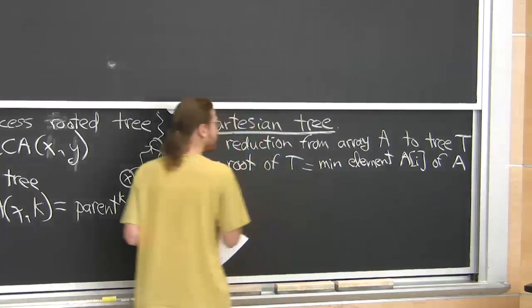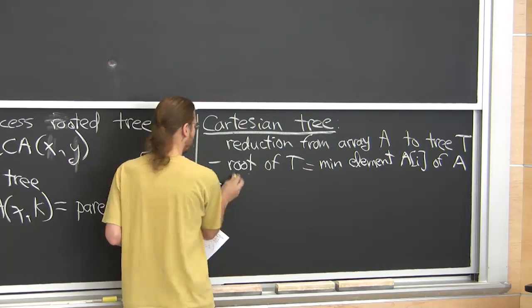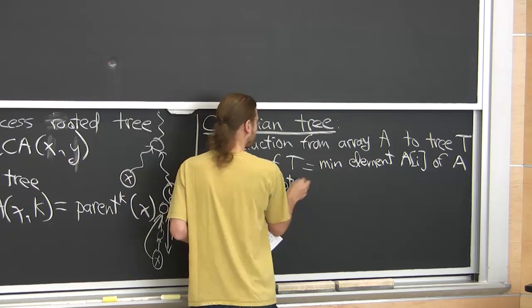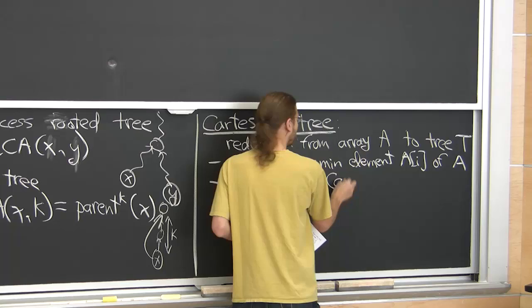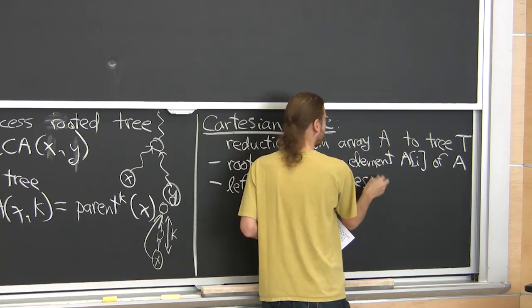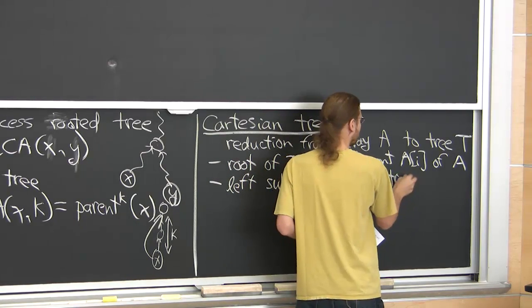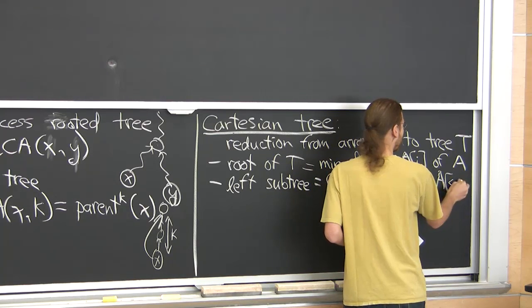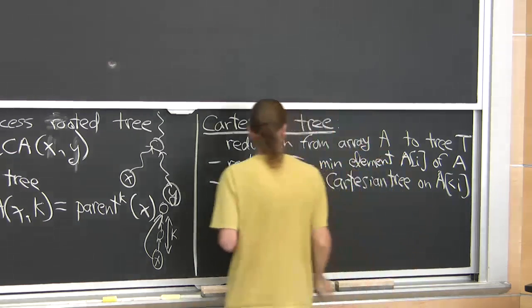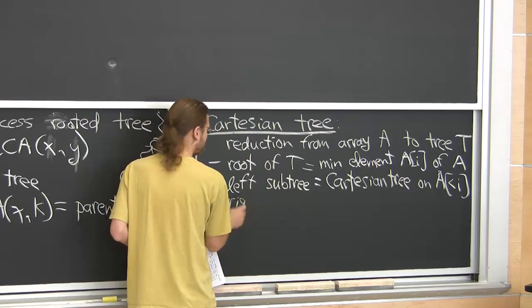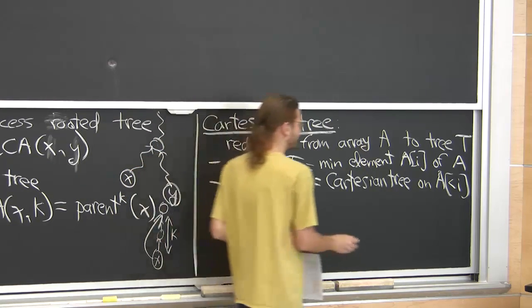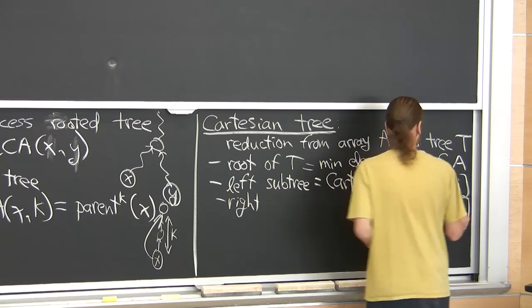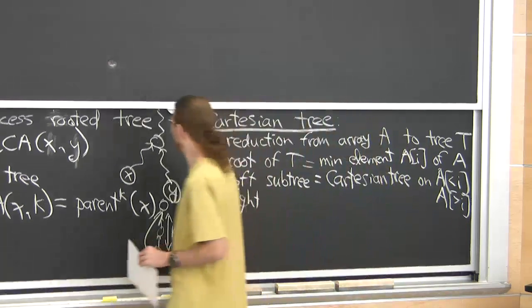Let that be the root of my tree, and then the left subtree of T is just going to be a Cartesian tree on all the elements to the left of i, so A less than i. And then the right subtree is going to be A greater than i. So let's do a little example.